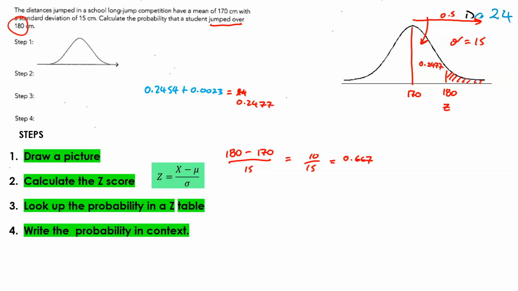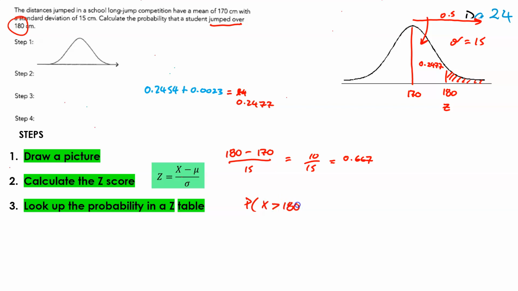Now, for us to work out the probability that x is greater than 180, what we have to do is take 0.5, which is the whole half, take away that white area, which is 0.2477, and that leaves us with that little bit, the little red area there, which gives us 0.2523.